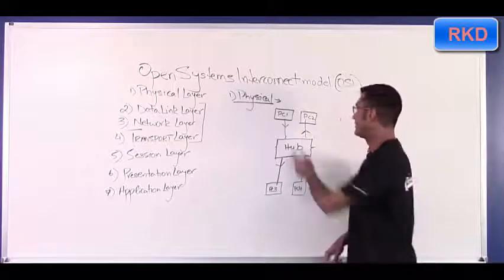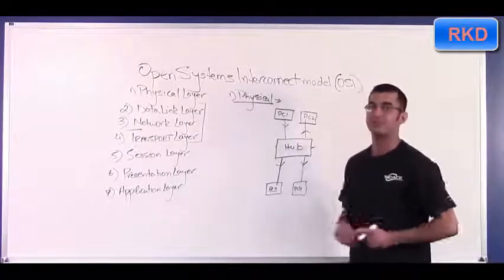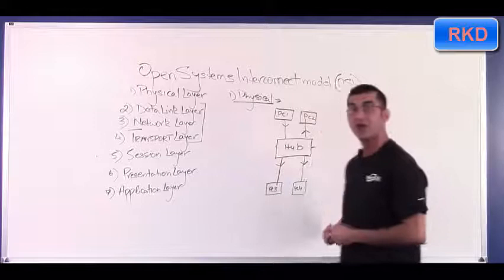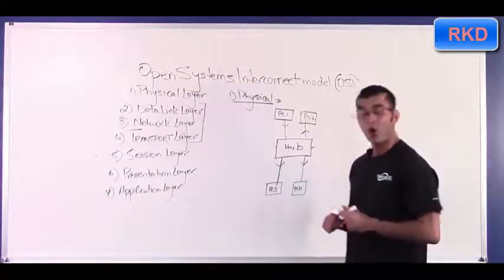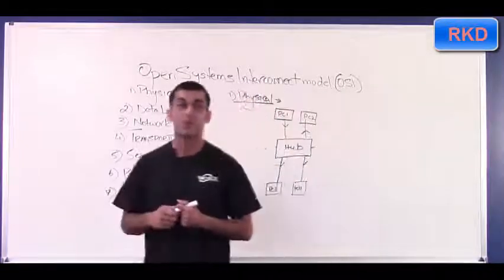It makes sense: PC1 sent the signal, you don't want PC1 receiving the same signal back. So a hub will repeat the signal out, or flood it, out all other ports except the one that originated the signal.